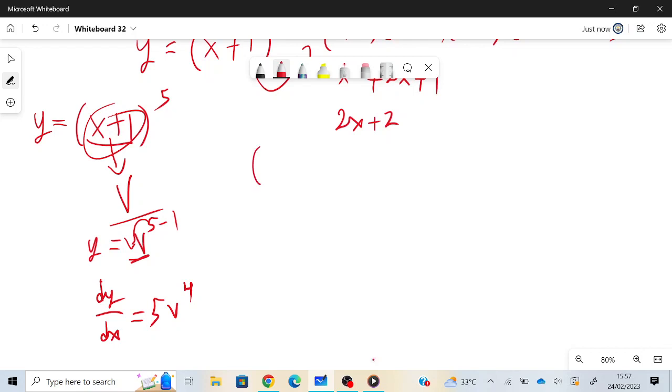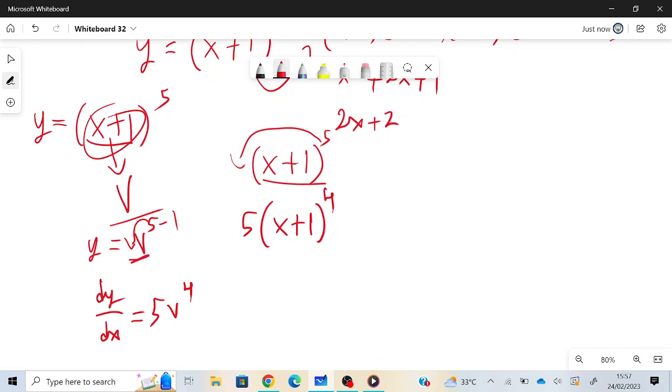So another way you can differentiate this, or it's basically the same way, is by differentiating this as a whole. Don't regard the x plus 1 separately, just differentiate it as it is. So this becomes 5 into (x plus 1) to the power of 4, and then you times the whole expression by the derivative of what's inside.